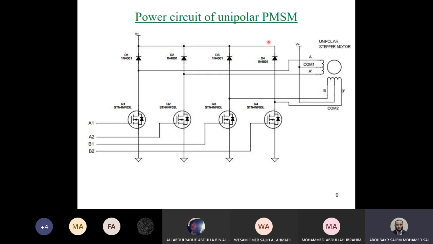Now this is a power circuit. We need to make the operation for the unipolar permanent magnet stepper motor. As we have described, we have coil number A with 2 terminals, A prime or A and B. Okay, like what was in the example.